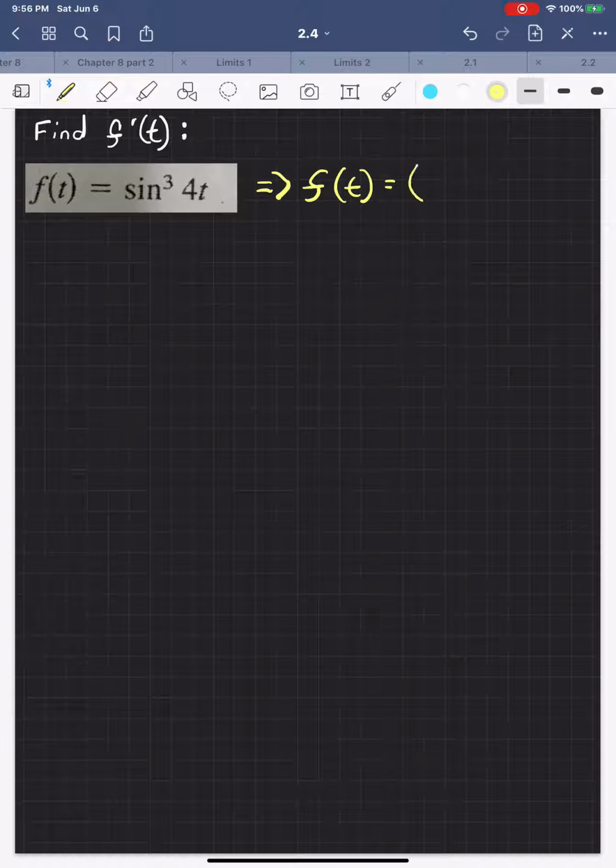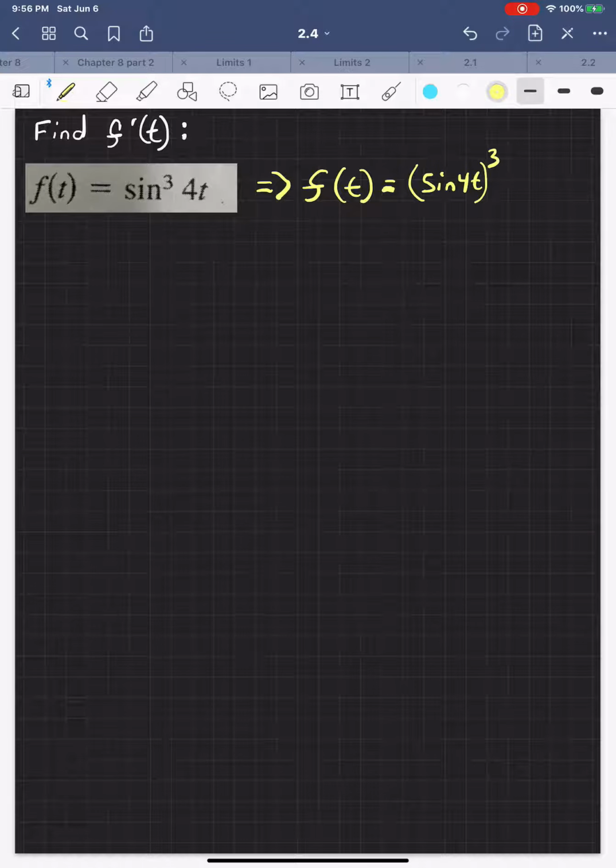What that means is you have sine of 4t raised to the power of 3. At this stage, you might not notice that you're going to need the chain rule more than once, but let's go ahead and just jump in and get started.